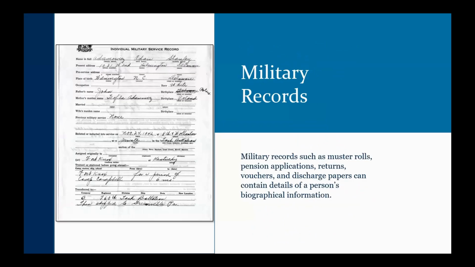We also have extensive military records, such as muster rolls, pension applications, returns, vouchers, discharge papers, and this can contain a great deal of information about a person's biography, including the soldier's name, birth date, birthplace, their race, their marital status, their occupation as a civilian, as well as their occupation once enlisted, their immediate family members, etc. Some of the more unique types of information that can be found in these records are rank, unit, military service number, the places that they were stationed, their entry and exit dates, any awards or honors that they were given, and the place and date of death if the death occurred during military service.